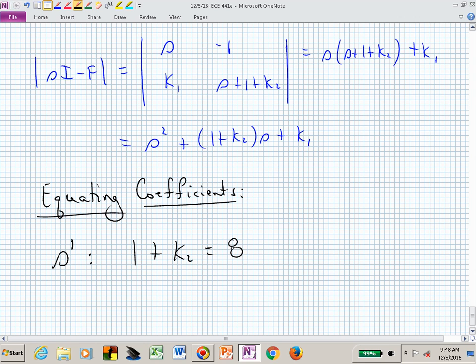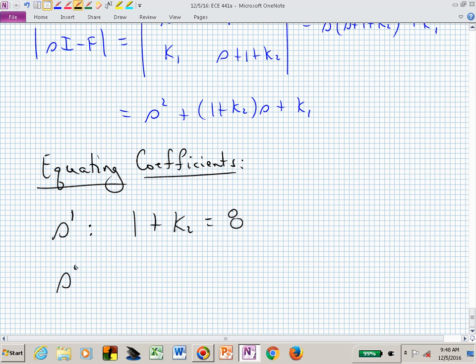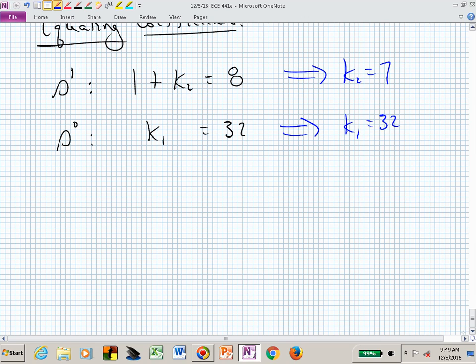We want that to equal 8. And the constant coefficient needs to be 32. And now we've computed our K matrix. That's K1, K sub 2, which is now this matrix of 7, 32.